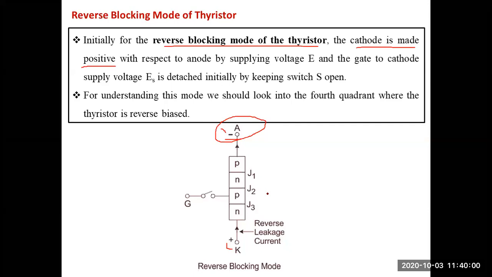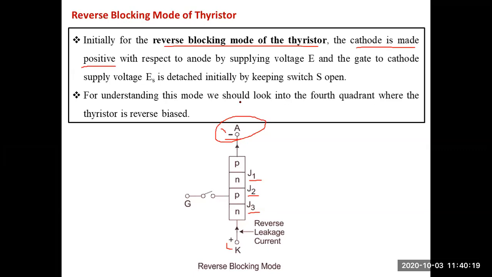Just come to the simple thing, the junctions J1, J2, J3. Junctions J1 and J3 will be in reverse bias and J2 is in forward bias. So when the thyristor is in reverse blocking mode, anode is negative and cathode is positive. And what about the junctions J1, J2, J3?